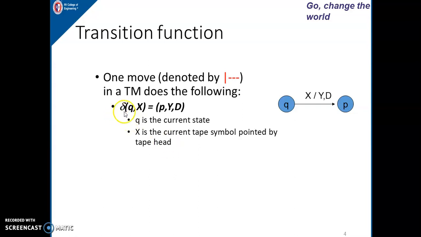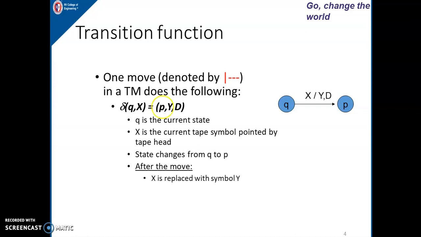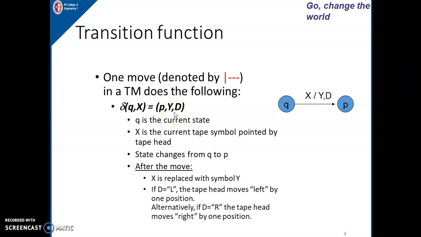The transition function takes two parameters, where q is the current state and x is the current tape symbol pointed by the tape head. Then the machine changes its state from q to p, and after the move x is replaced by the symbol y, and d indicates the direction, so it can be left or right.